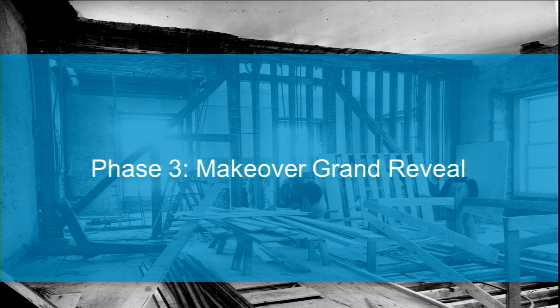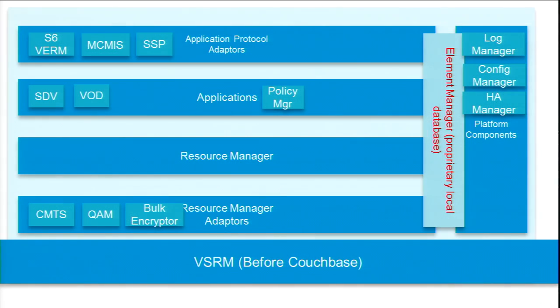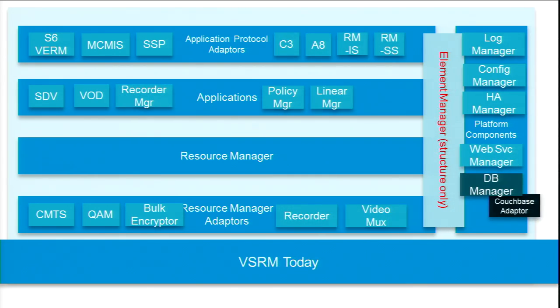And so now, like any good renovation show, we have our grand reveal. So this is our before picture for VSRM, before we started using Couchbase. And our internal design evolved where we added the DB manager and the Couchbase adapter over on the bottom right-hand corner.